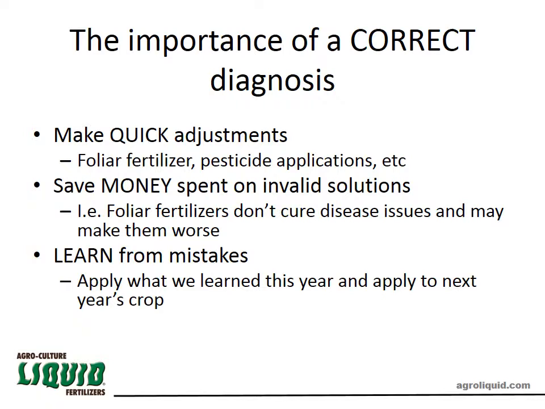Also, we can save money that we would otherwise spend on invalid solutions trying to fix the problem. If we misdiagnose something, a foliar fertilizer isn't going to cure a disease issue, and it might make it worse. So we want to make sure that what we're seeing out in the field is indeed what's wrong, and make the correct adjustment there to get that field back in shape.